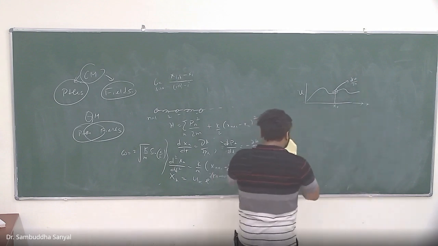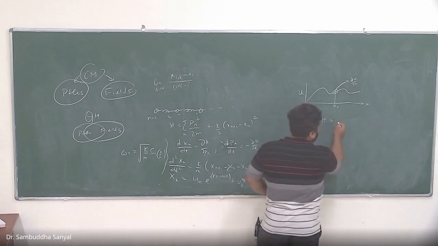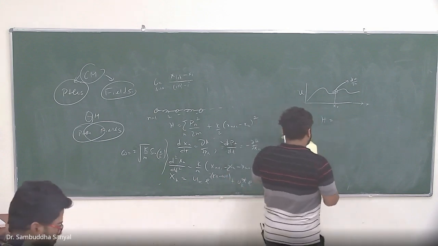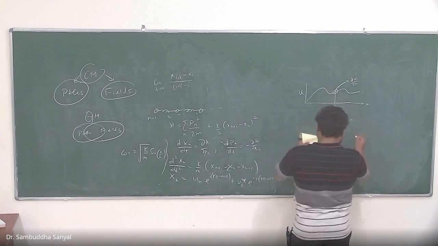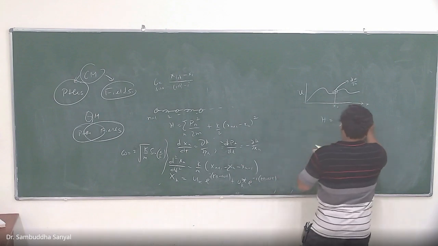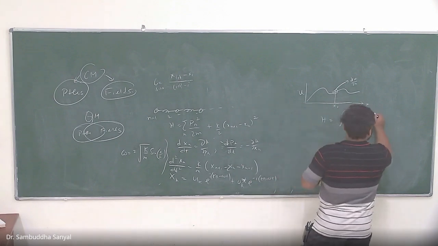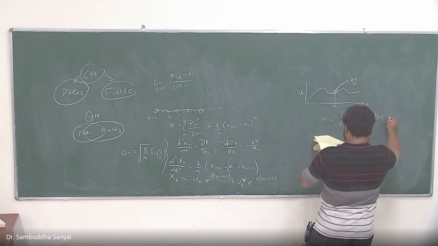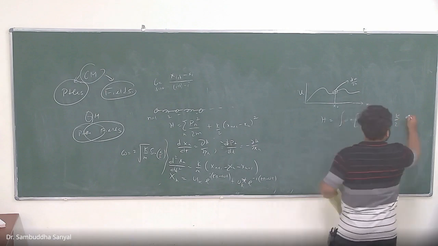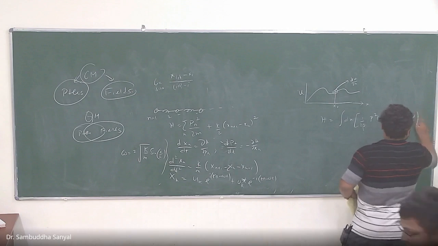You know that such a string will have, if you don't know already, I'll show you later in the QFT course properly, the energy integral dx of 1 by 2 rho p square plus kappa by 2 (del u del x) square.